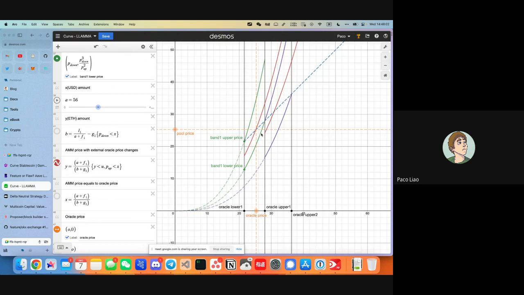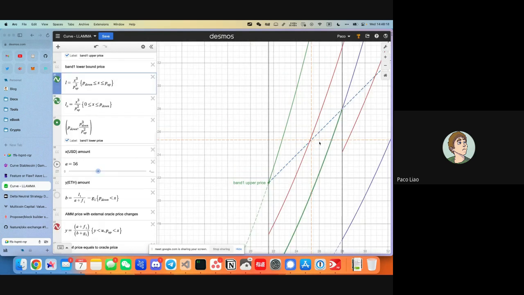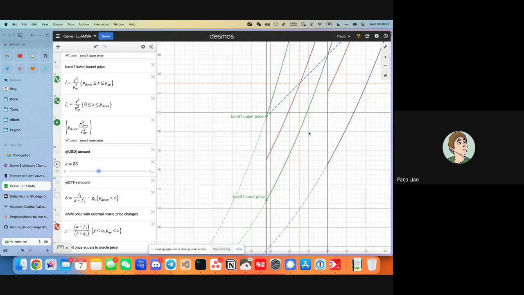Let's assume that this blue dashed line means AMM price equals external price. And let's move on to a point where the AMM price equals the external price. Maybe at this point. So at this point, the red line is the AMM price, which is equal to the external price. So there isn't any arbitrage opportunity.